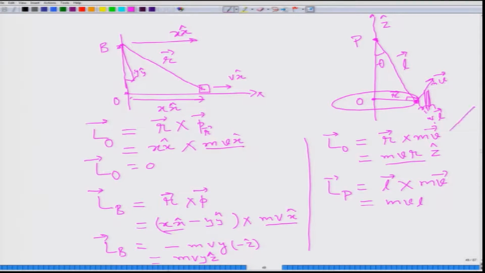Let me make it separately here. This is your L and this is your V. So the direction will be perpendicular to this plane.